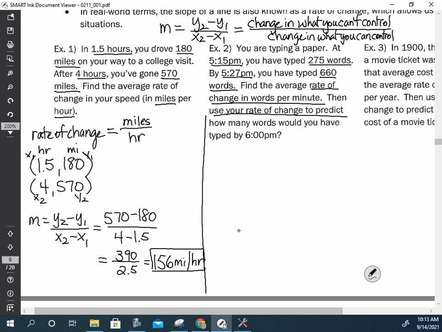Then use your rate of change to predict how many words you would have typed by 6 p.m. So this is a 2-part problem. You need to find the rate of change, ROC, and you need to figure out how many words by 6 p.m.